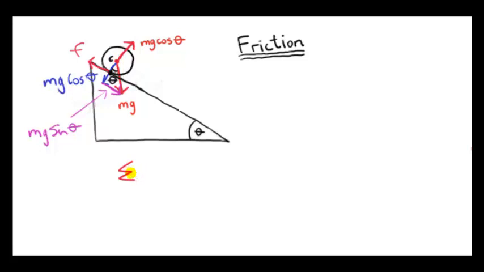So now we go back to the principle of angular momentum and consider the sum of all the external torques acting on the disk about the point C. Well, look at F. What do we have to do to get the torque due to the friction force F about the point C?